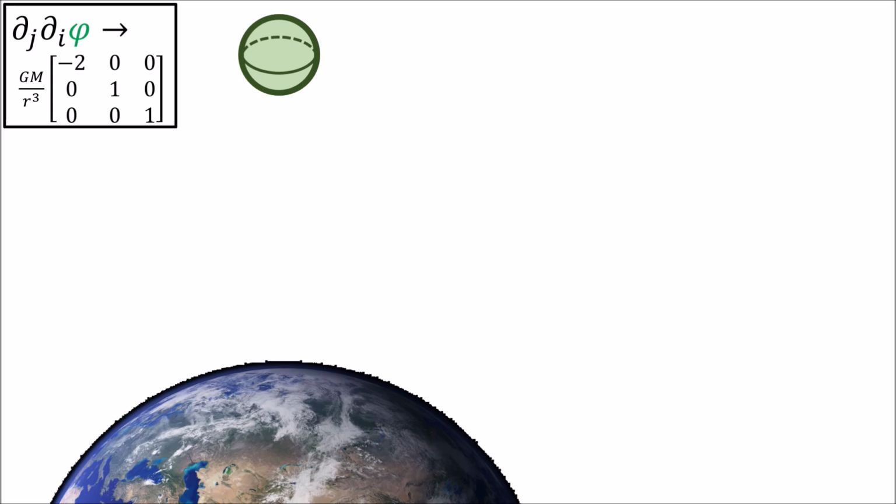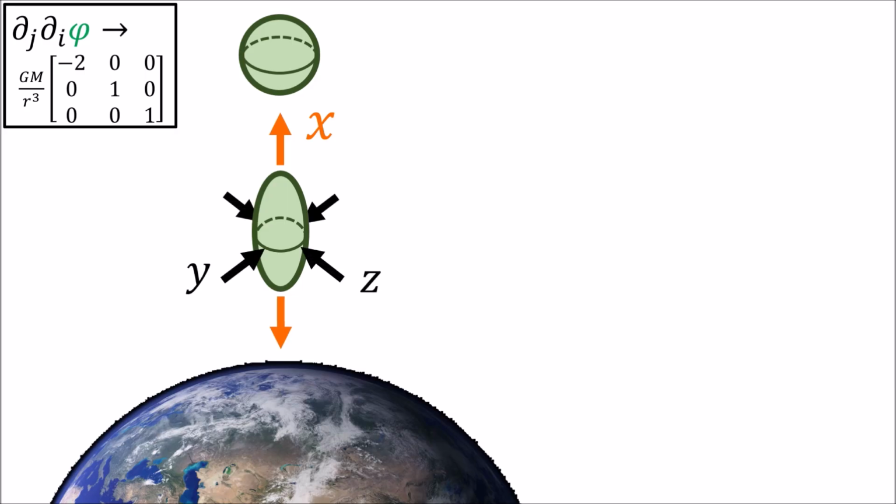If we look at what this means visually, if this ball above the Earth follows some geodesics forward in time, it will get pulled apart in the x direction, but get squished together in the y and z directions. This is exactly what we'd expect with tidal forces acting on an object in a gravitational field.